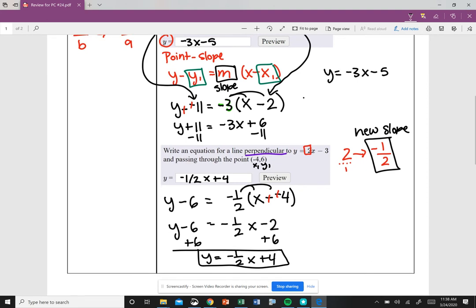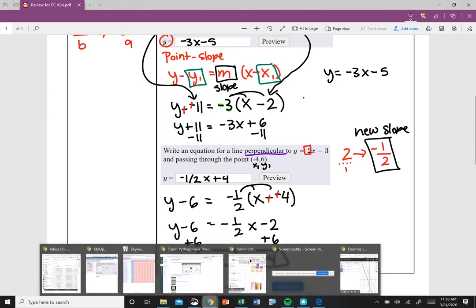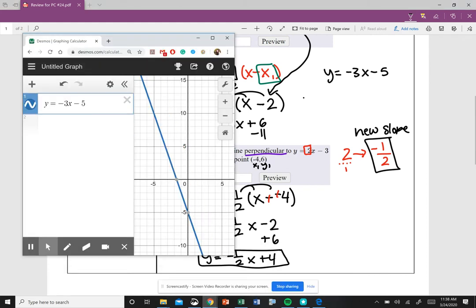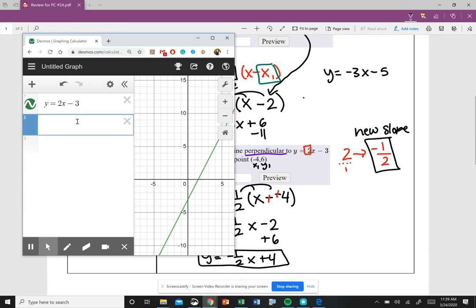All right, and let's check that in Desmos this time. Hopefully this goes easier. So I'm going to clear the 2 equations that are in there. And then in this one now, I'm going to type the original equation. So y equals 2x minus 3. And then in the other one, I want to type my new equation.